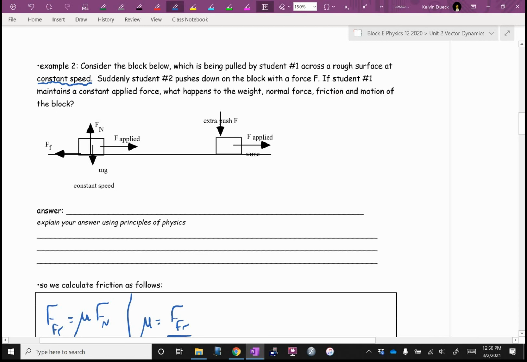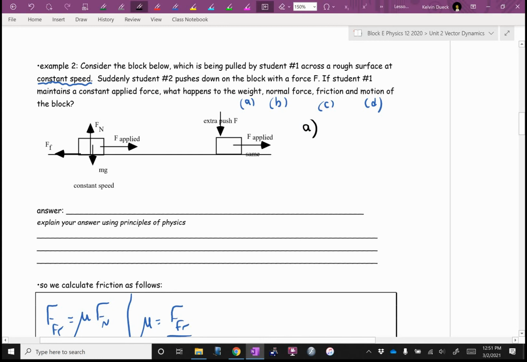Just to make this organized, let's call that part A. Let's call the normal force part B, friction part C, and the motion of the bench part D. So you got the analogy? You're pushing a bench along the gym at a constant speed, and then one of your friends comes and sits on it. All right. The first thing this asks is, what happens to the weight?